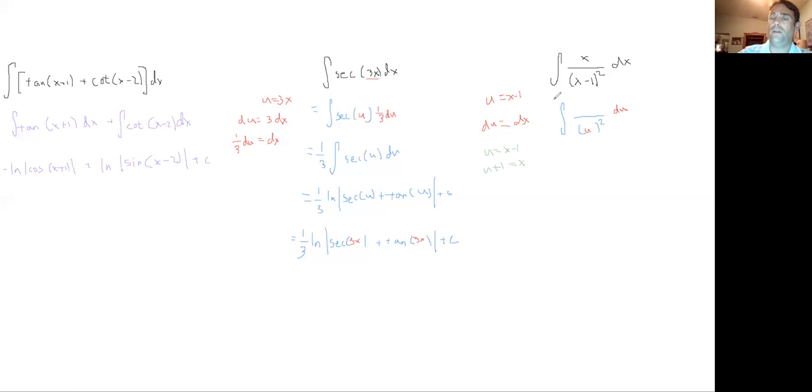And if I do that, I end up with something looking kind of like this, u plus 1. So it's very similar to what we did before, back when we were dealing with some of the radical ones. And I would go ahead and clean this up a little bit by putting each one of these over u squared.